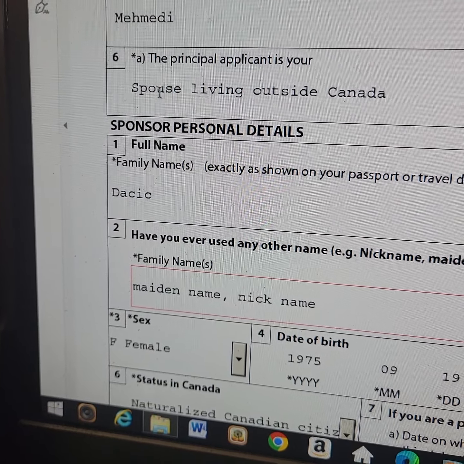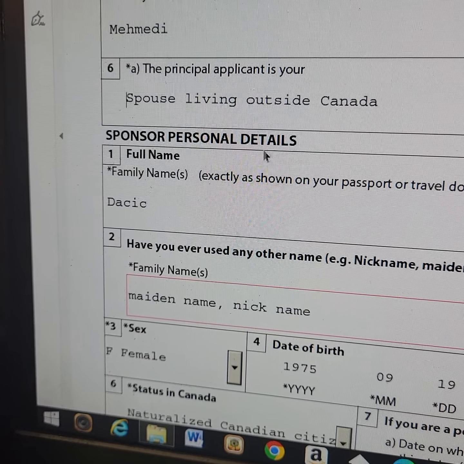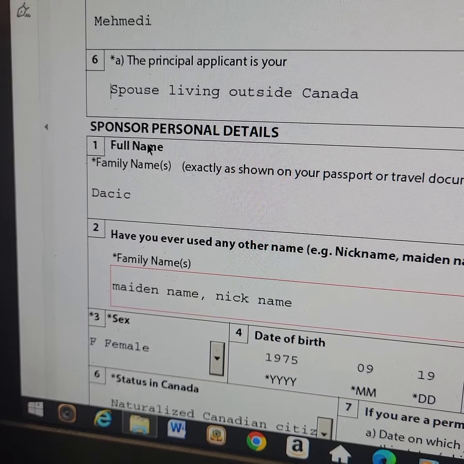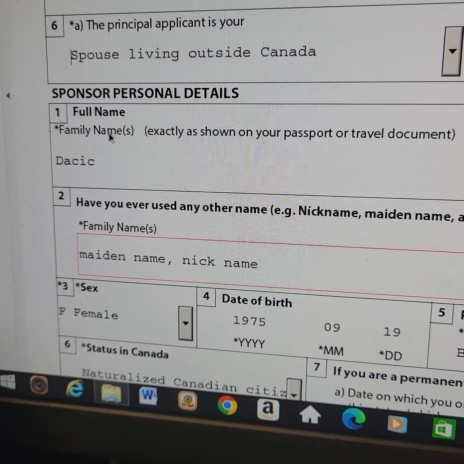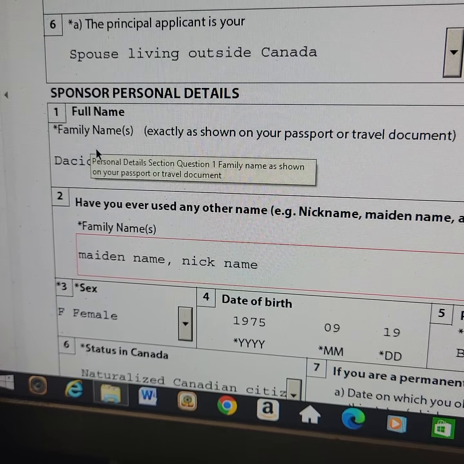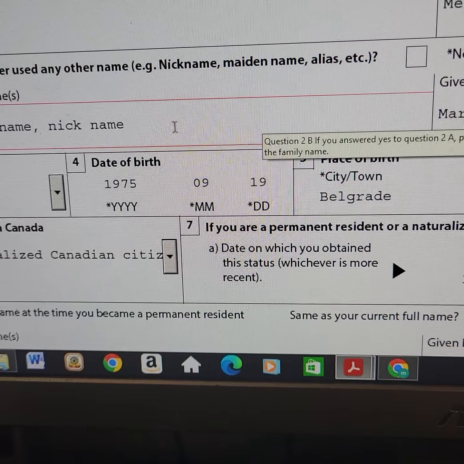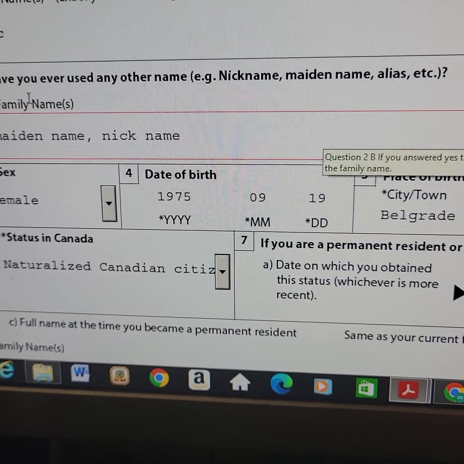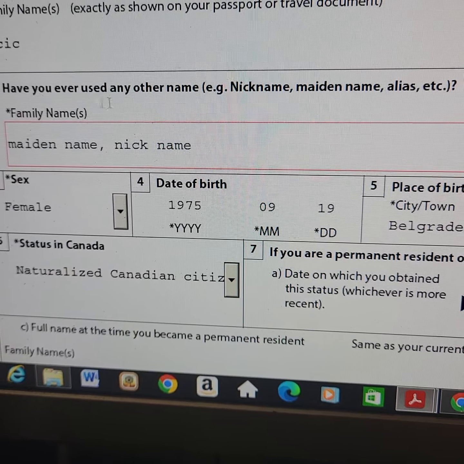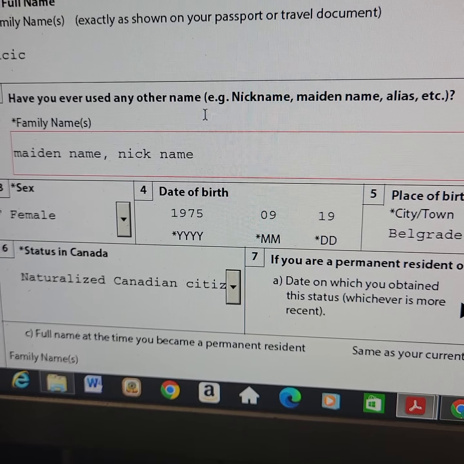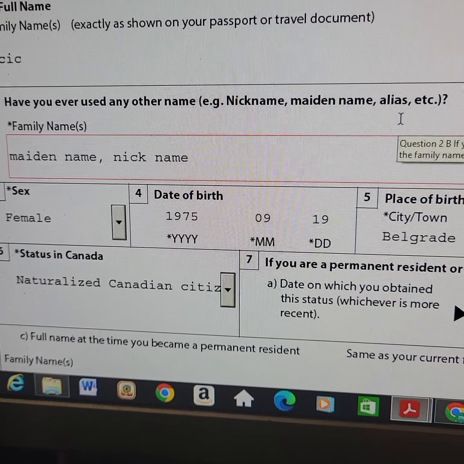This is the part that you need to read and make sure you pay attention to. And sponsored personal details. So here you would put your family name, and then you would put your given name, okay? And then in this part here, you would put, have you ever used any other name, example, nickname, maiden name, alias?